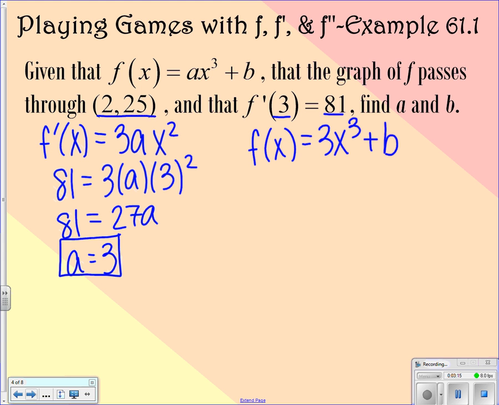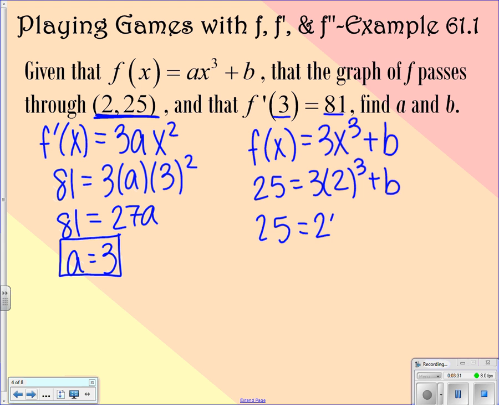They told us that we have this point on our function. So that means that our function equals 25 when our x value is 2. So 25, 2 cubed is 8 times 3 is going to be 24 plus b. And so our b value equals 1. And so that would be your a and your b.